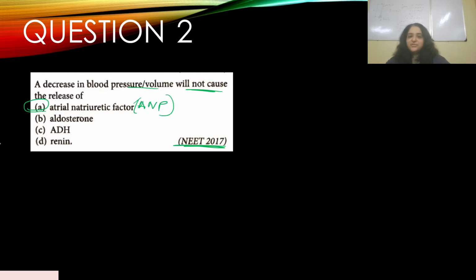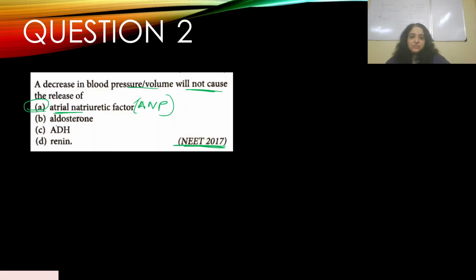It's actually atrial natriuretic peptide. Now, an increase in blood pressure or volume will allow secretion of ANP. Whenever there's an increase in pressure or blood volume.